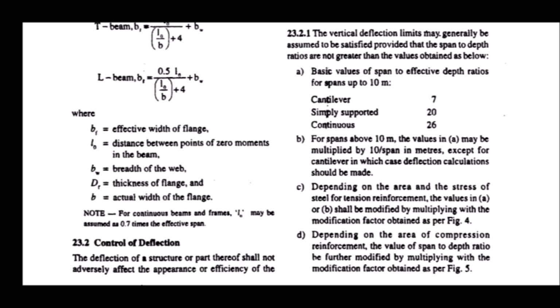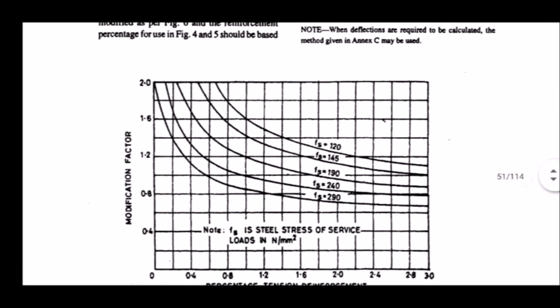So let's go to figure number 4. Now in figure number 4, look, in this graph, on the x-axis there is percentage of tension reinforcement, on the y-axis there is modification factor, what we have to find out ultimately. And these curves are the values of Fs.